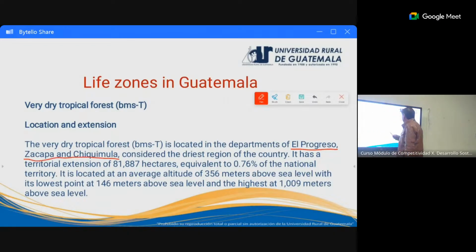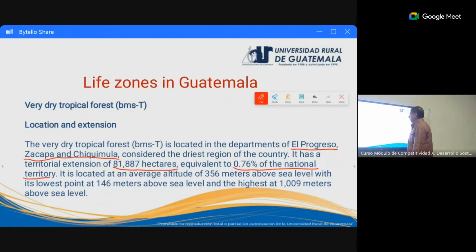Considered the driest region of the country, it has a territorial extension of 81,887 hectares. This value here equivalent to 0.76% of the national territory.